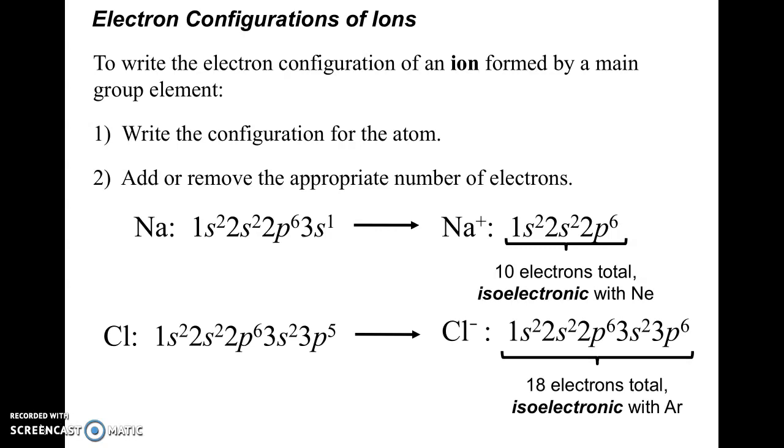And chlorine has 7 valence electrons in the 3 principal quantum number. It readily takes on 1 electron, which fills its 3rd quantum number electron shell. And so it becomes isoelectronic with argon, once again making it very stable.